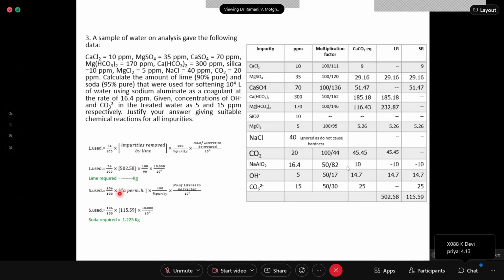Most of you, yes? Okay, 4.13 is the answer. So most of you are getting 4.13.